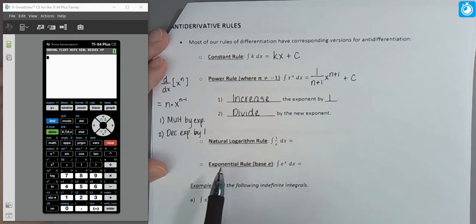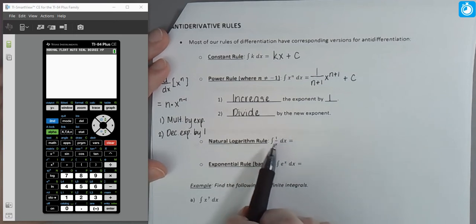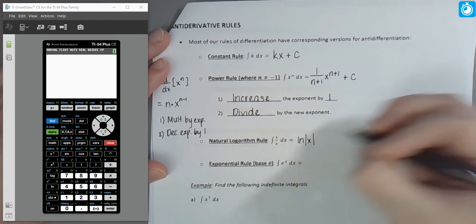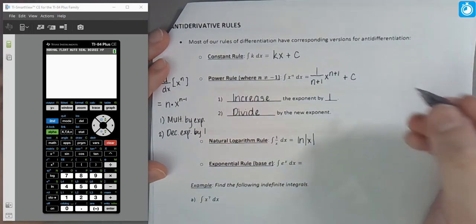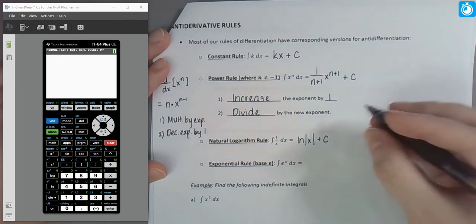And then let's just summarize what we noticed about logarithms and exponentials based on those examples we just worked. If we take the antiderivative of 1 over x, again, we're asking the question, if this is the derivative, what function did we differentiate to get that derivative? The function we differentiate would be the natural log of the absolute value of x plus our constant of integration.